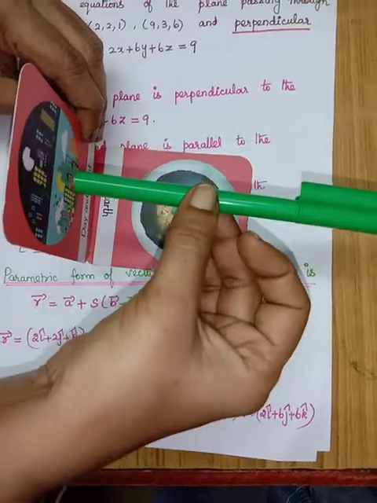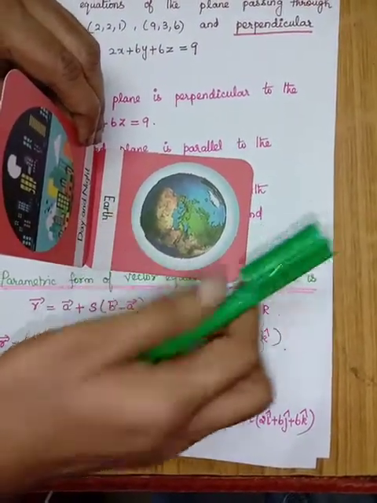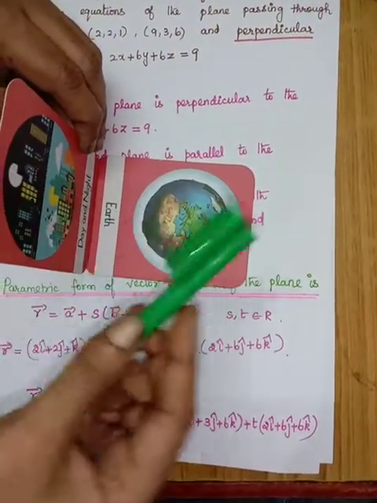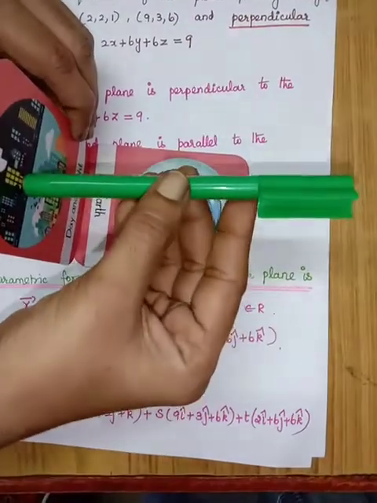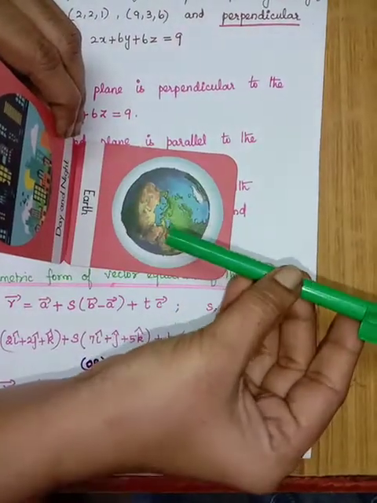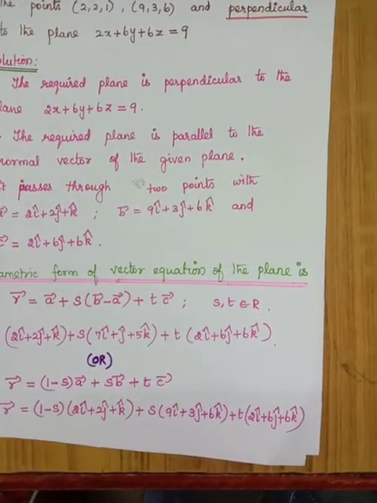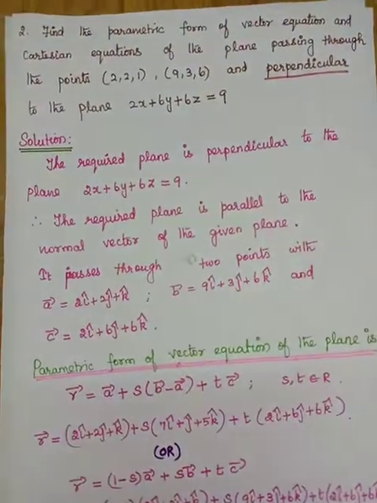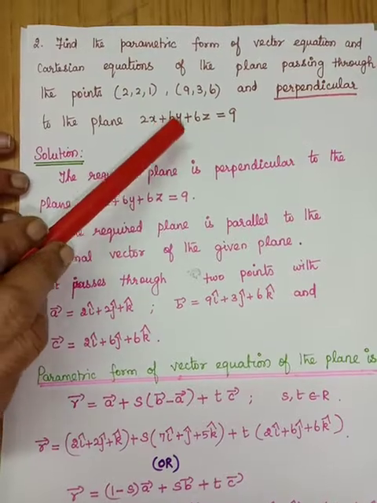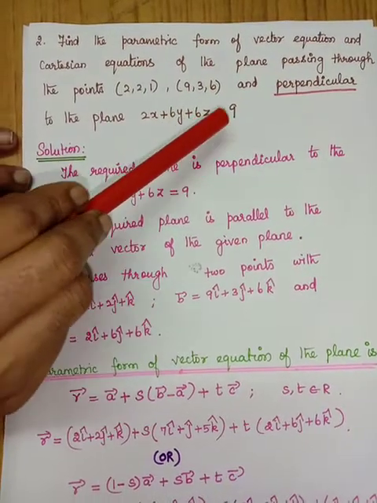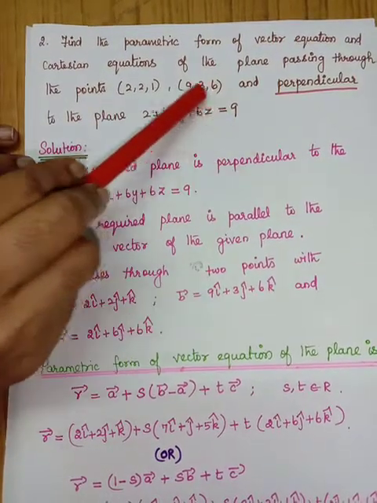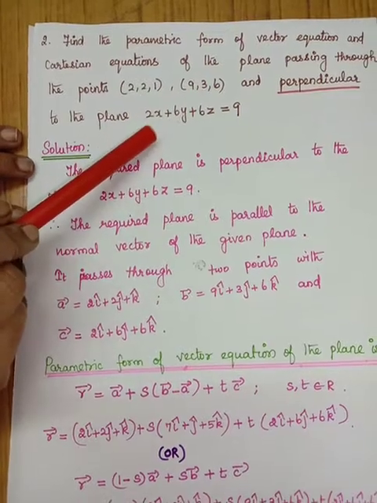It is parallel. So if two planes are perpendicular, the normal to one plane is parallel to the other plane. Here the given plane is 2x plus 6y plus 6z is equal to 9. From the given plane, what is the normal?